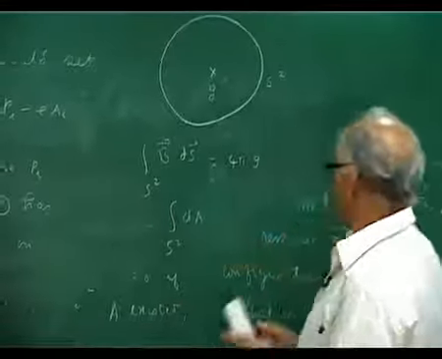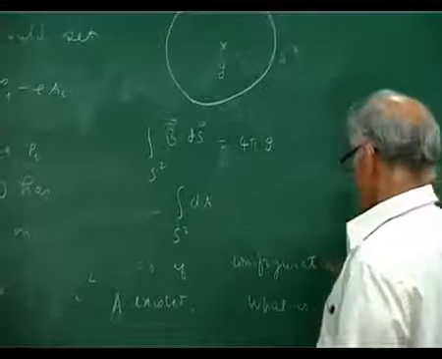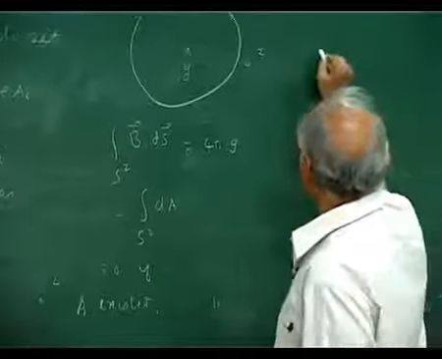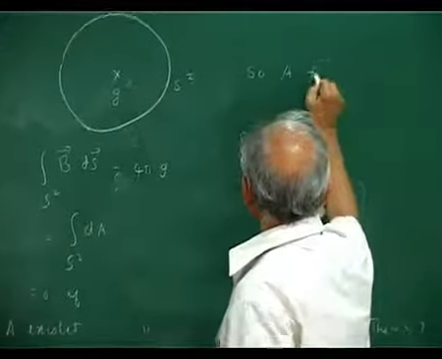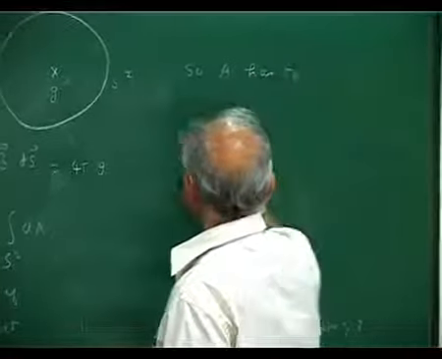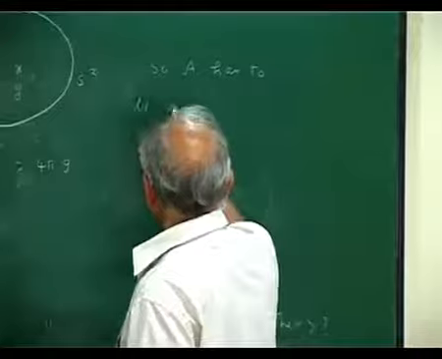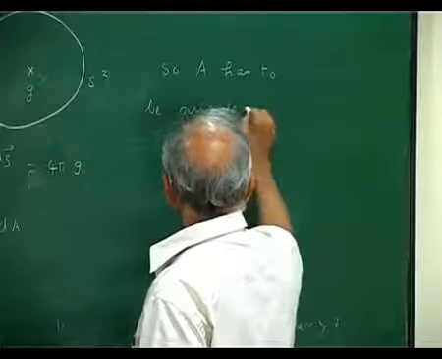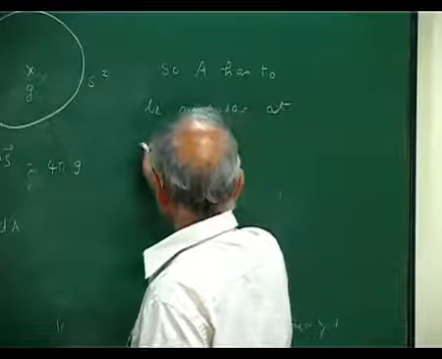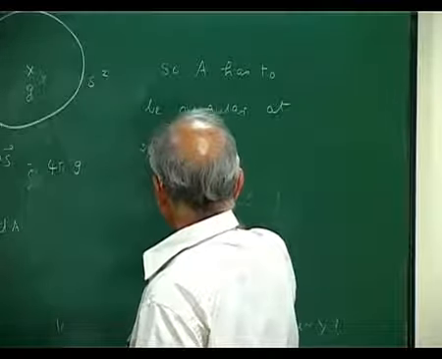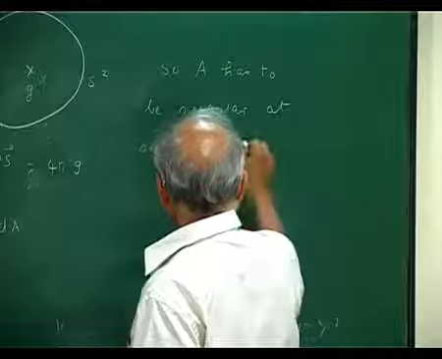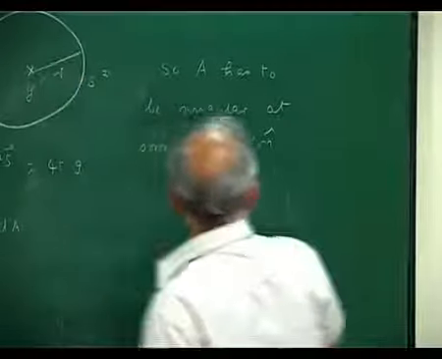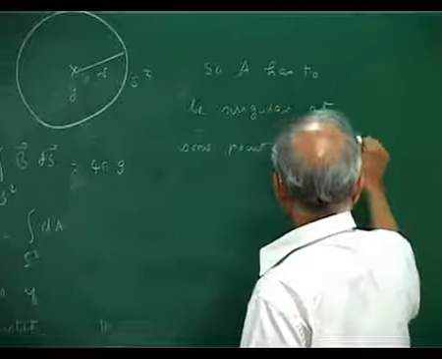So A has to be singular. Singular means ill-defined. At some point, say R n hat, where the sphere has radius R, on S2.